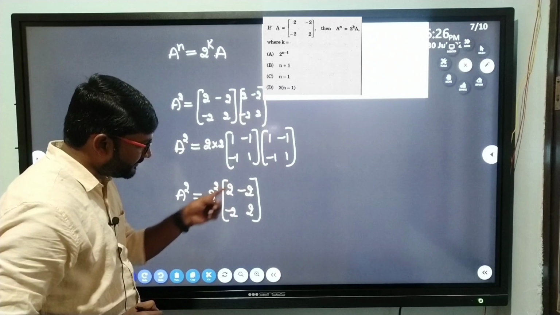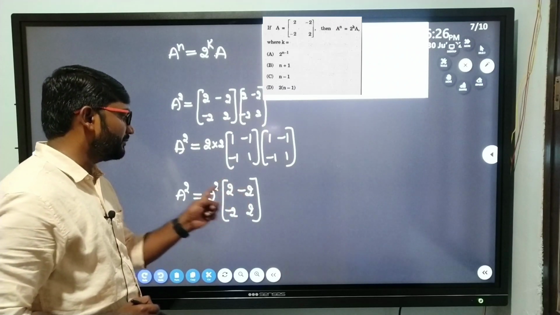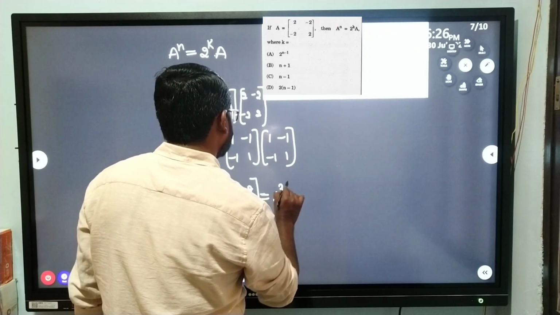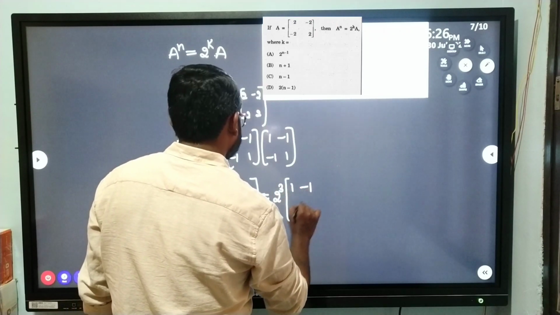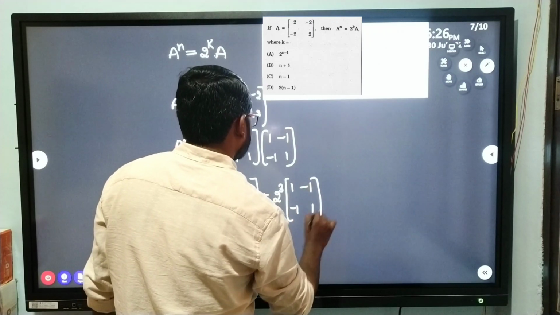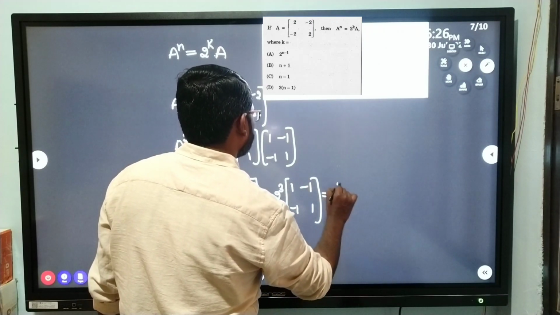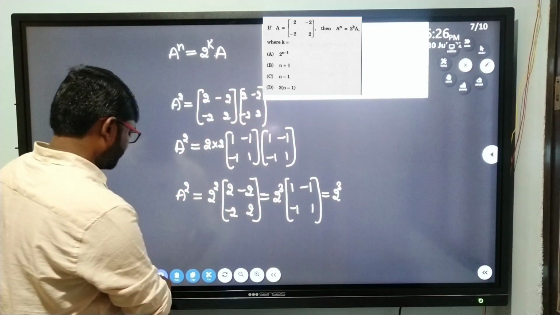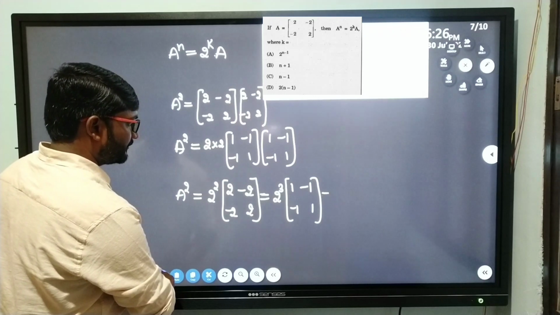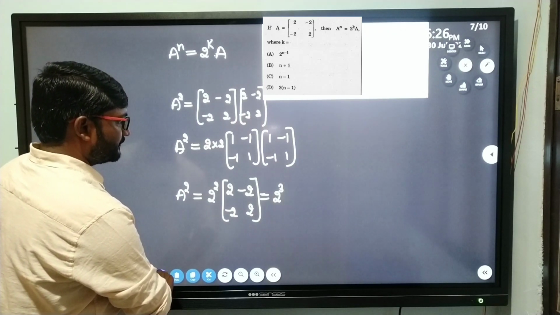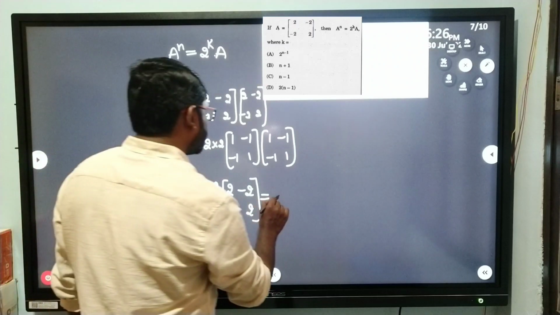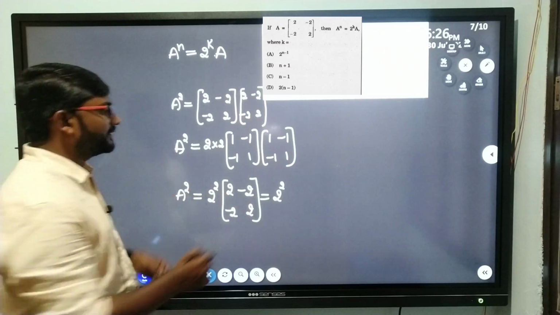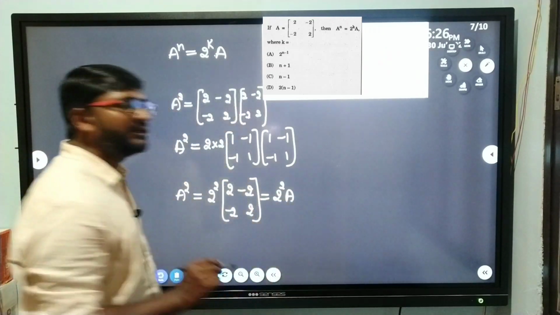Now again we can take 2 common, multiplied with 2 square we get 2 cube, with [1, -1; -1, 1]. This is nothing but the matrix A, so 2 square into A.